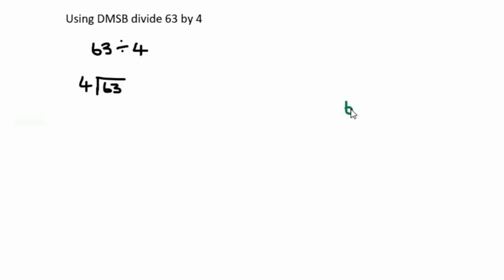Is 6 divisible by 4, Fariso? No. Is 6 divisible by 4, Liafo?